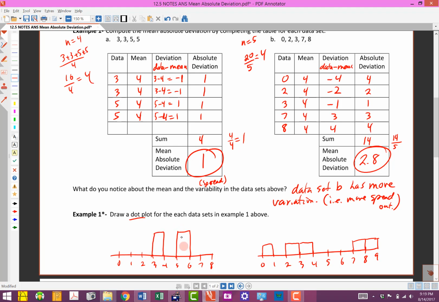All 4 of these points are between like 3 and 6, if you wanted to say that on this number line right here. So they're all bunched right around here, right around that mean of 4. The mean on this one was 4, but look how spread out they are. There's one down here at 0, there's one way up here at 8. So they're really spread out, so you can kind of see that they're spread out. So the one with the larger mean absolute deviation, that's the one with more variation, or that's the one that's more spread out.